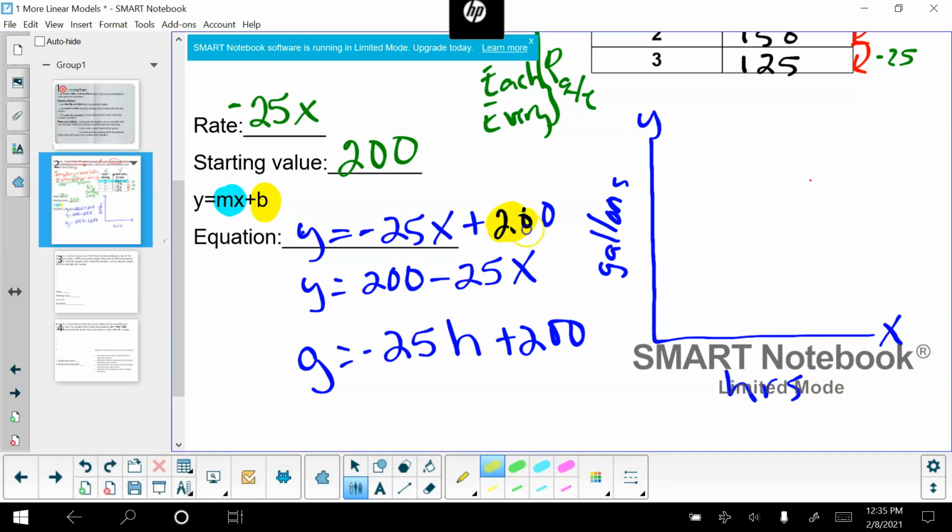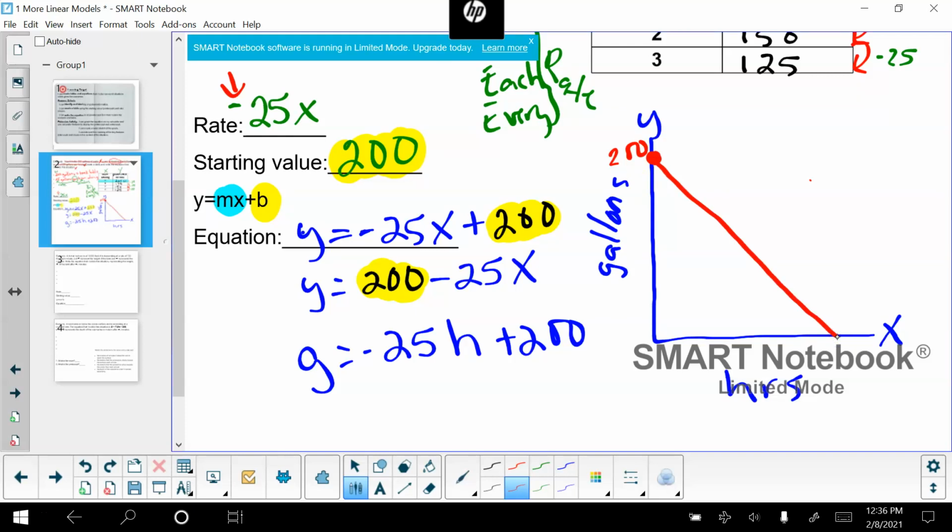So I can see it here, or if you wrote it like this, and we also labeled it over here. The starting value is always your y-intercept number. That's why this is called slope-intercept form, because it uses the y-intercept. Since that's a positive 200, I'm going to put it way up top here. And since I know that my slope is negative because it's draining, I know that the water level is decreasing and it's going down like that.